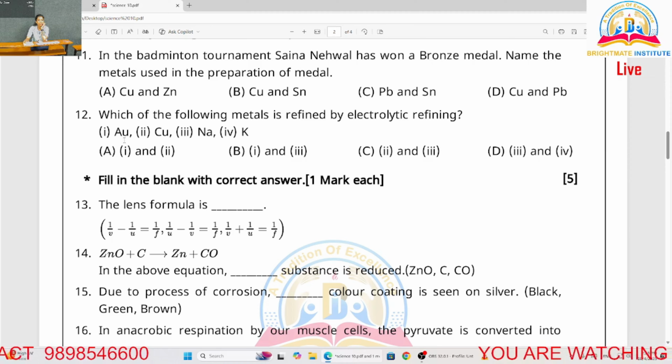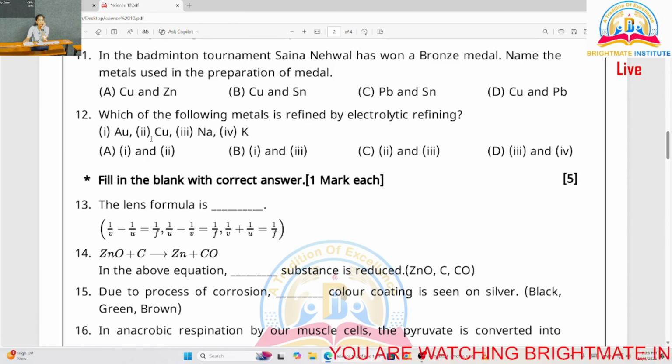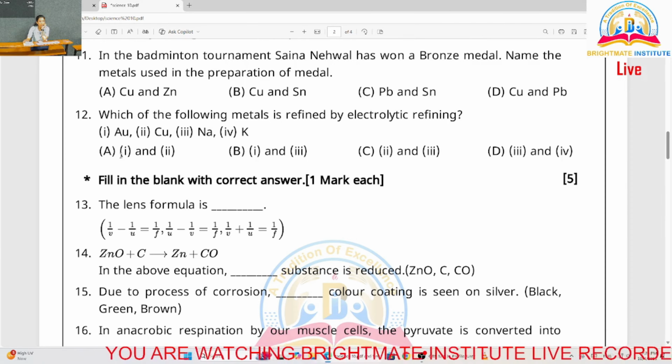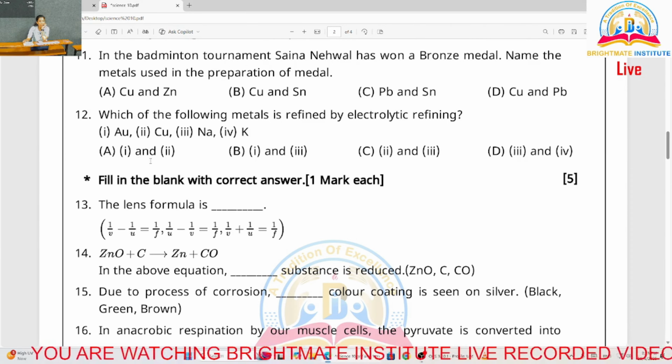Au is gold and Cu is copper. So the correct answer is option A, that is 1 and 2.